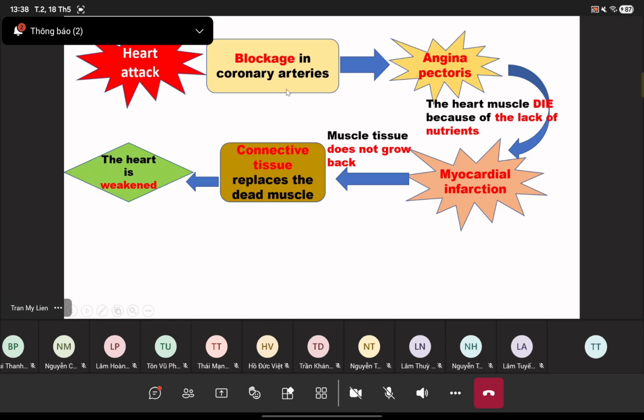A blockage in the coronary arteries causes the angina pectoris or chest pain.